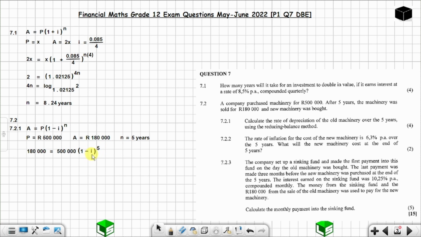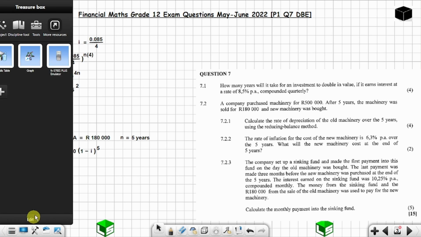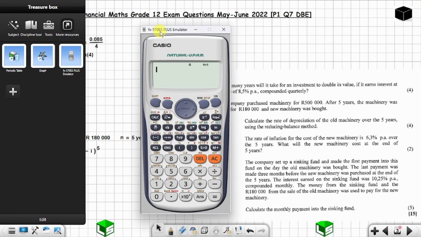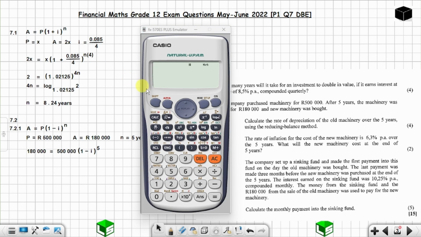If we can find i, we will find the rate of depreciation. So we divide by 500,000 on both sides so that we have the bracket alone: 180,000 divided by 500,000.